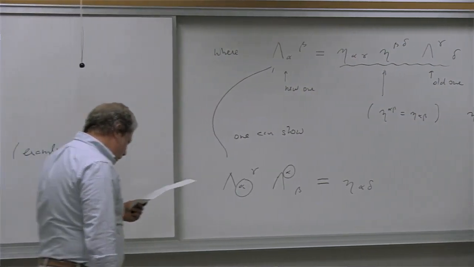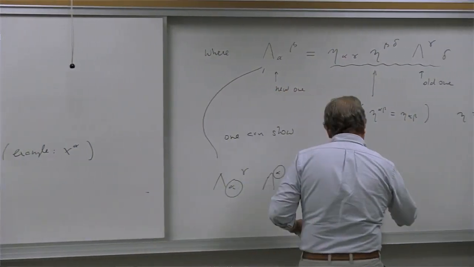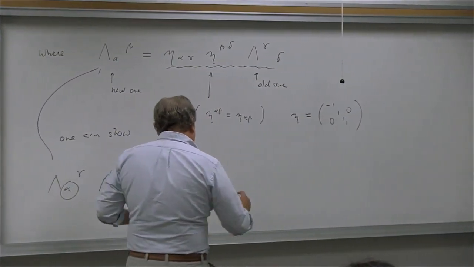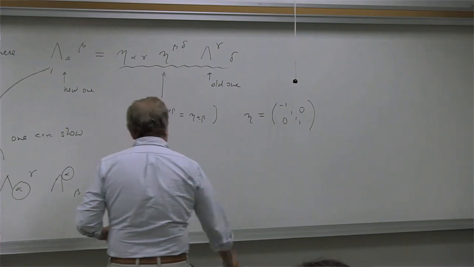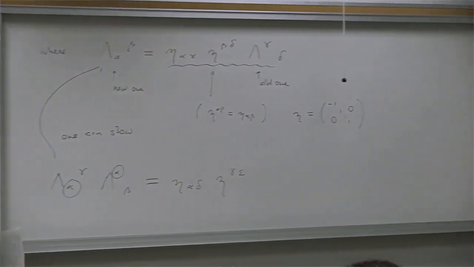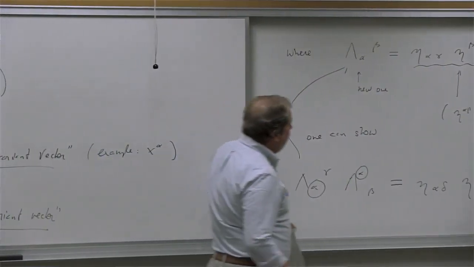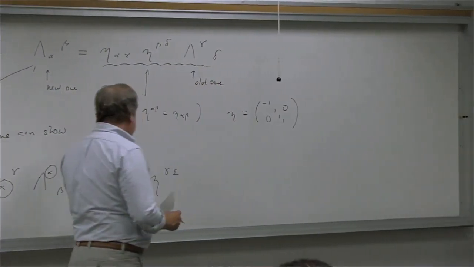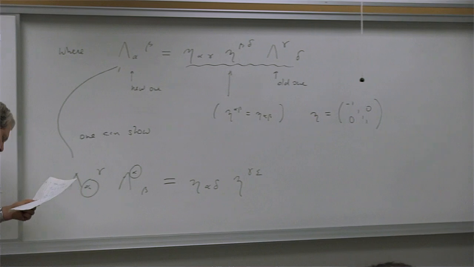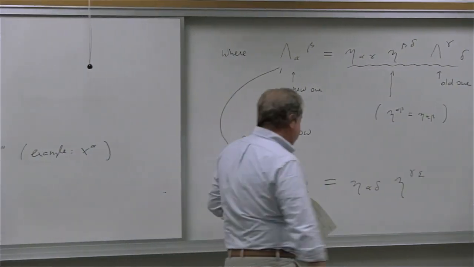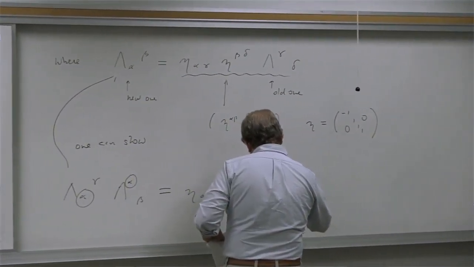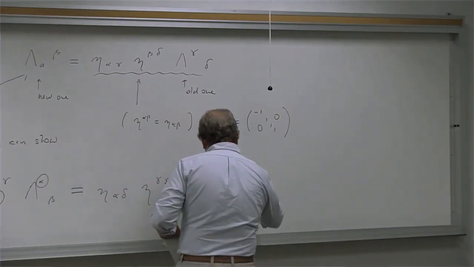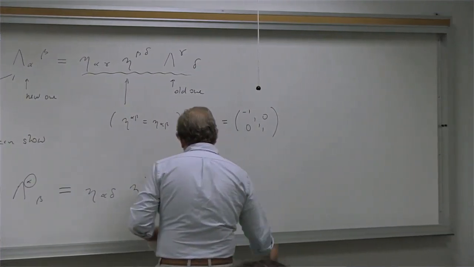So eta alpha delta times eta gamma delta. And again, we need to use a new name. So we're going to call it gamma epsilon, right? Again, the delta has been used here once. Right, so we use epsilon, and then lambda delta epsilon, and then times lambda alpha beta, which we just copy over, right?